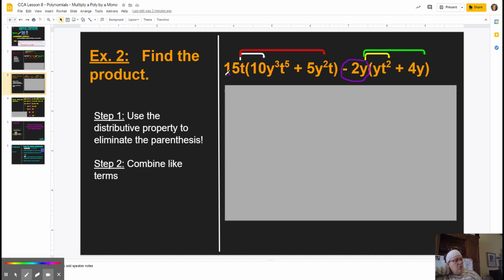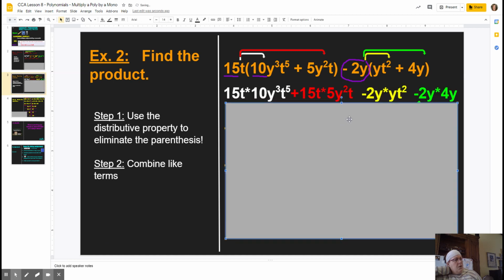And remember, we talked earlier this year that when you multiply two terms, you multiply the coefficients, and then you're going to add those exponents of the ones that have the same base. So again, I've got it color-coded for you so you can see the 15t times 10y to the third t to the fifth. Here's the first part.